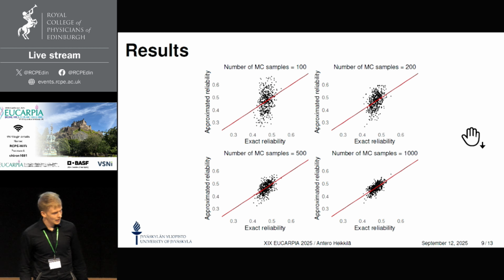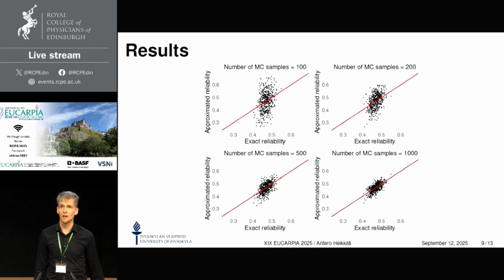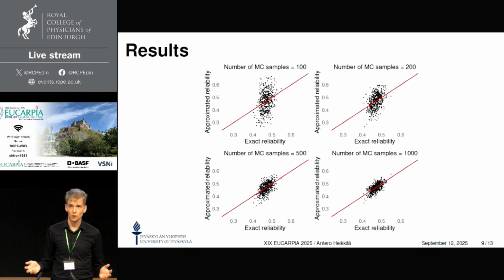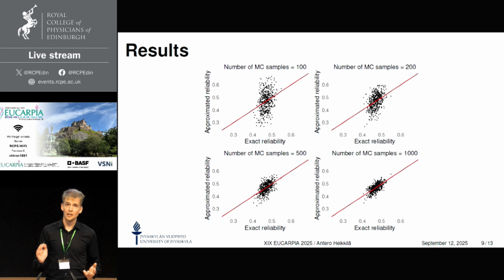Next we will see how this Monte Carlo approximation method works for approximating reliability. Here we see the effect when we increase the number of Monte Carlo samples. In the top left corner, I have used 100 Monte Carlo samples, and in the bottom right corner, I have used 1000 Monte Carlo samples.